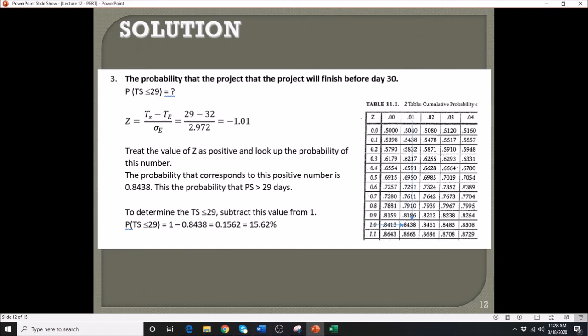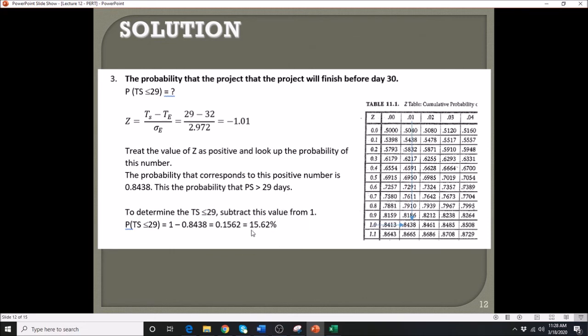Again, if the value is negative, just treat that as a positive only for you to get the value of your Z and be able to look up data from the Z table. However, if it is a negative, that probability that corresponds to that positive 1.01, you have to subtract that from 1 to get the correct answer.